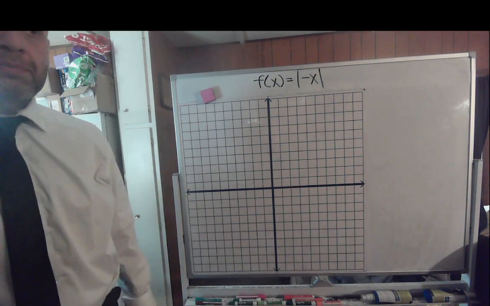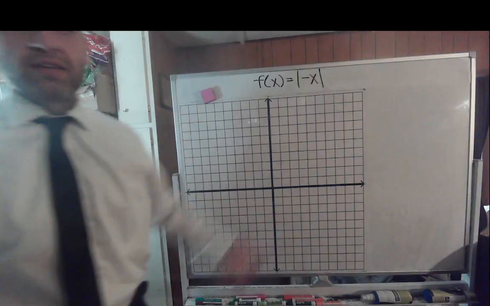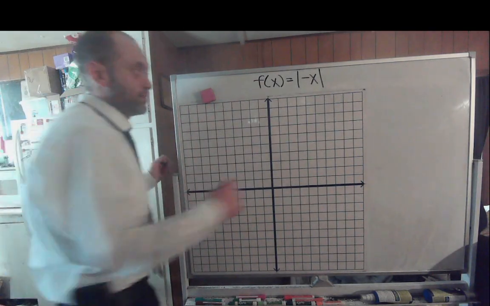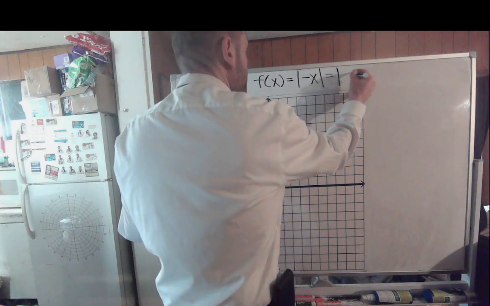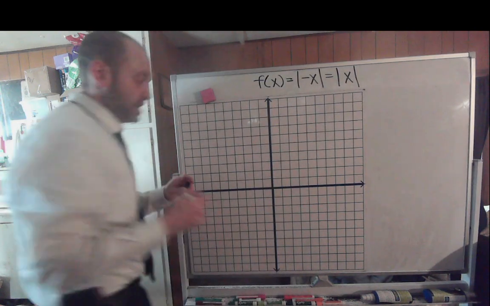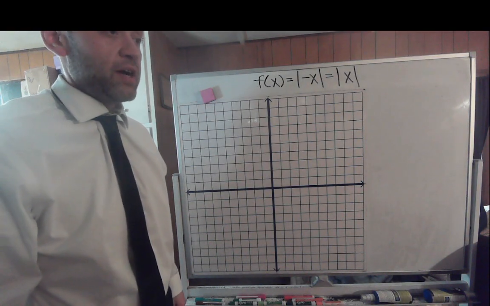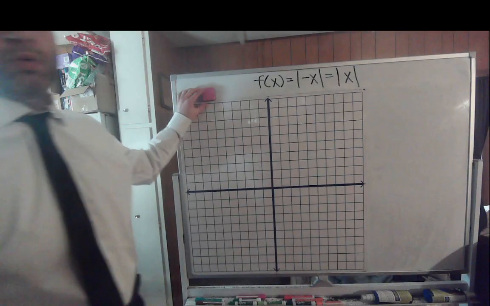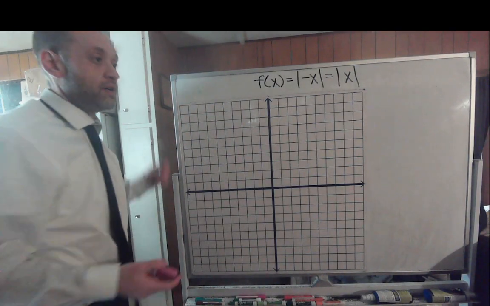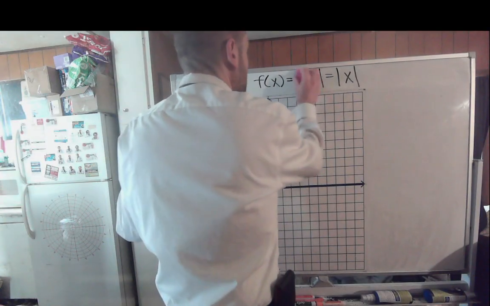Well, what happens if I take the absolute value of a negative number? It turns positive, right? This would just turn into the absolute value of x. So you really can't reflect the absolute value in the y-axis. It just doesn't work. Unfortunately, you're not going to be able to do that.